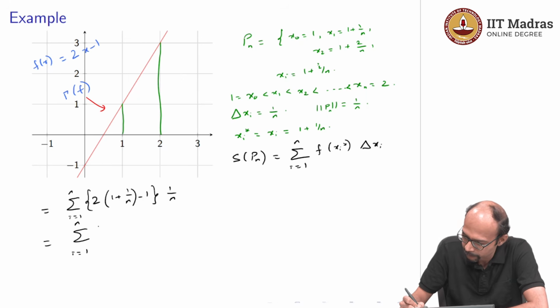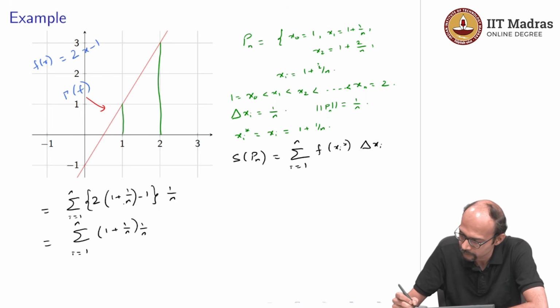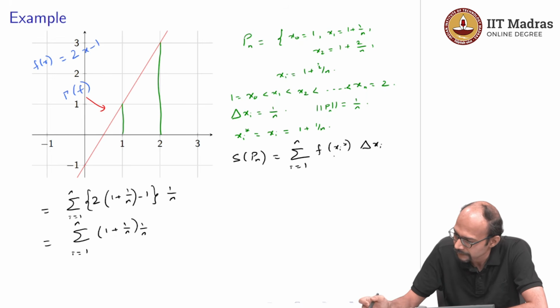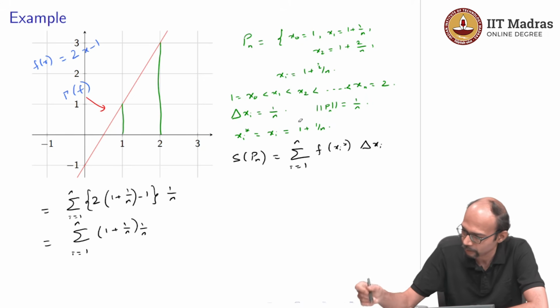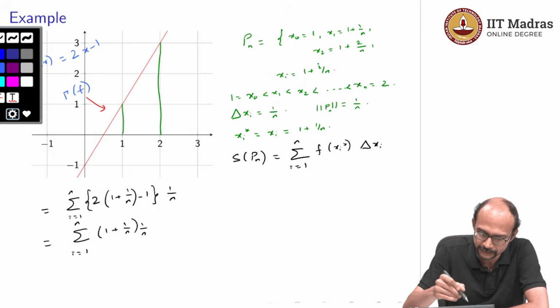If I simplify the things in the bracket, I have 2 plus 2 by n minus 1. So, this is 2 minus 1 is 1. So, 1 plus 1 by n times 1 by n, and I have made a mistake, of course, because this is not x_i star, it is x_i, which is 1 plus i by n and not 1 by n. So, my bad.